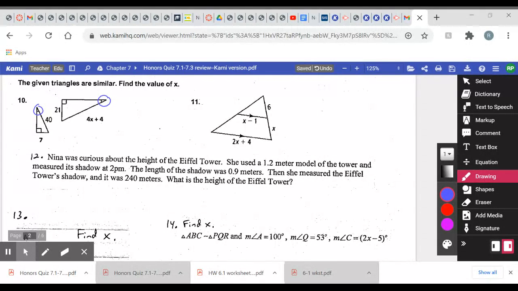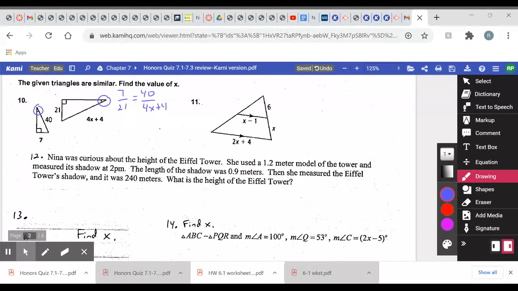So I can say 7 that's between the 90 and the no mark corresponds with the 21 that's between the 90 and the no mark. And come back to the left triangle, 40 that's between the 1 mark and the no mark corresponds with the 4x plus 4 that's between the 1 mark and the no mark.